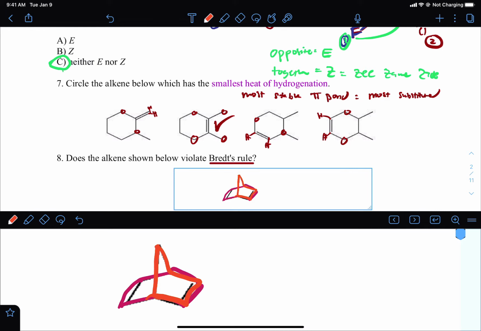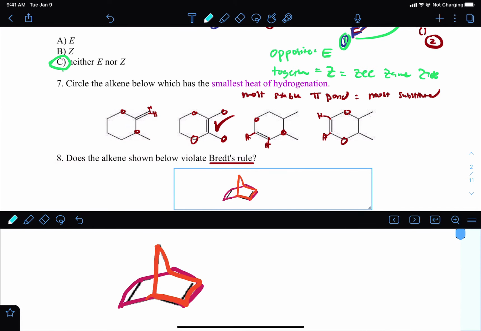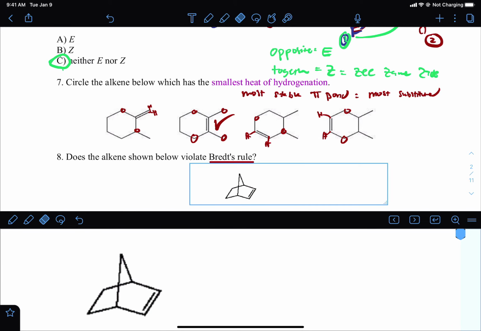So there's two rings. And the two rings kind of are intertwined by a bridge. Okay, that blue thing there, that's a bridge. In this case, it's a 1-carbon bridge. There's only that 1 carbon at the top. But that's a bridged bicyclic alkene. And Brett's rule specifically applies to this type of thing, where Brett's rule says that you cannot have a double bond on a bridgehead carbon, which are these.